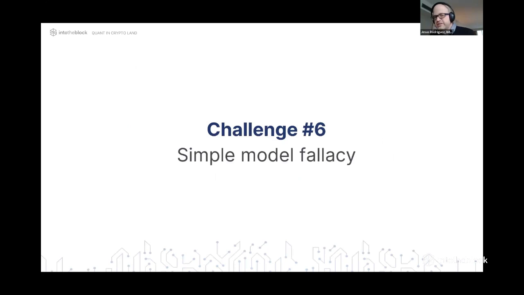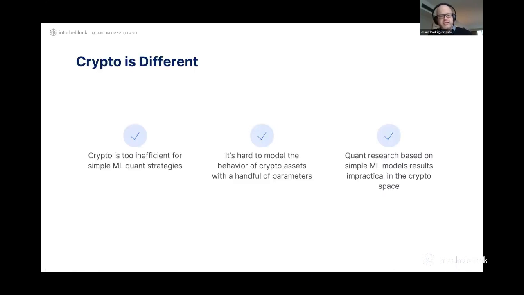Then this idea of the simple model fallacy, right? In traditional quant, a lot of simple strategies work. Most of quant finance today is not doing crazy deep learning or machine learning. It's very vanilla statistics and things like that. And a lot of those models more or less work.